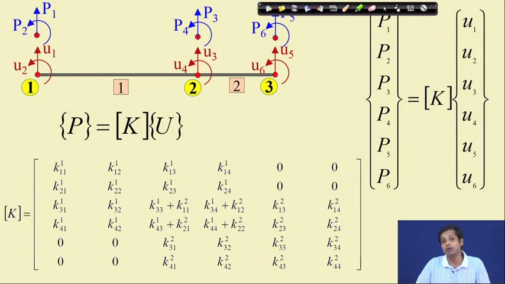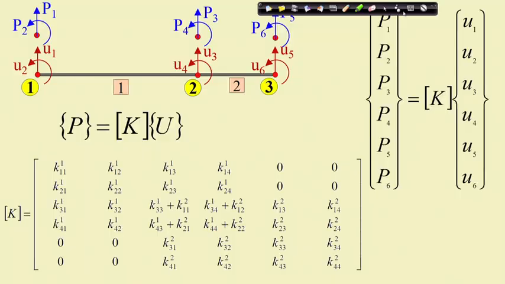The structure is not stable because we have not provided sufficient constraint or support to the structure. Once we provide sufficient support the structure becomes stable, but that information needs to be translated into this equation through applying the boundary conditions. Now, what are the boundary conditions we have here?